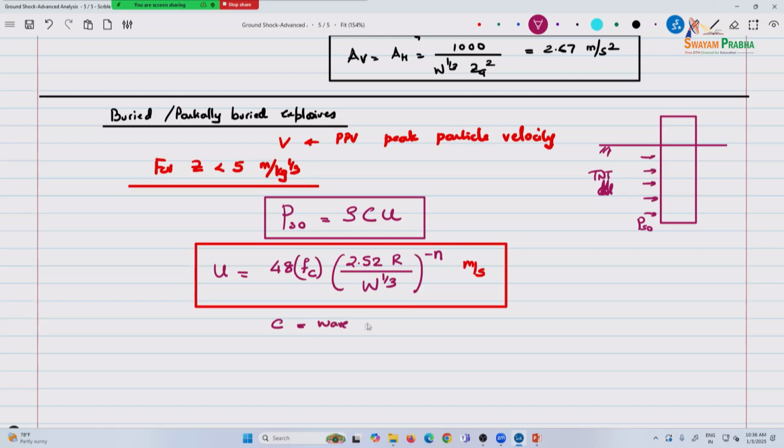It is the wave velocity in the medium. Now you are seeing different parameters that come into play. The density of the soil, W is the weight in kilograms, F sub C is a dimensionless coupling factor.